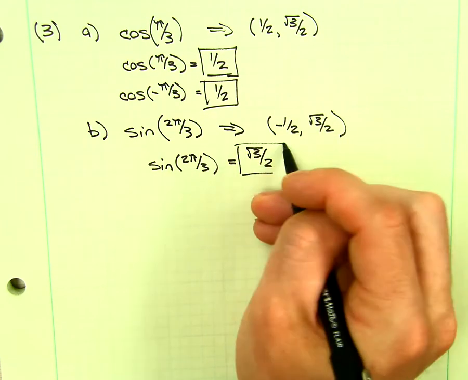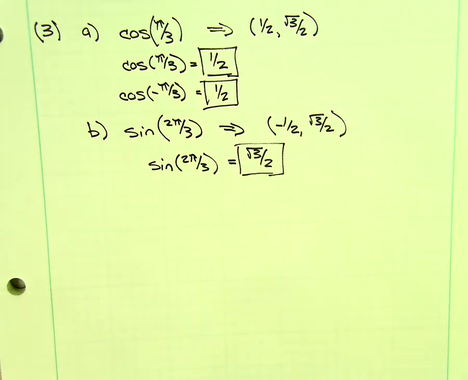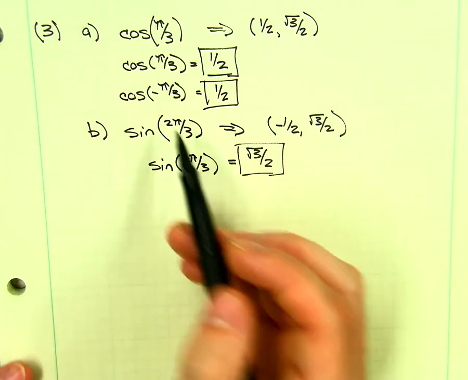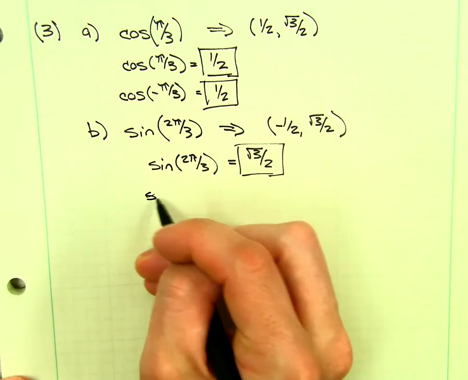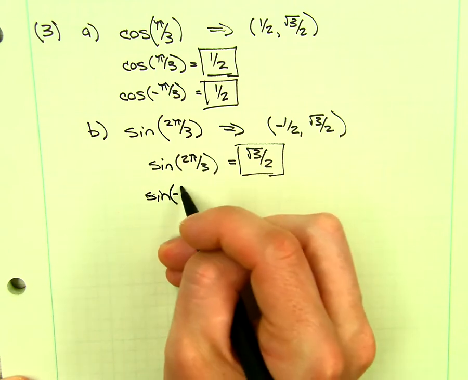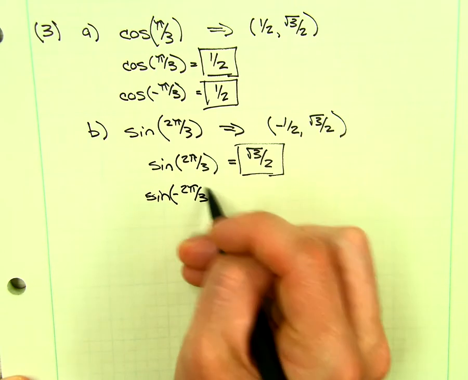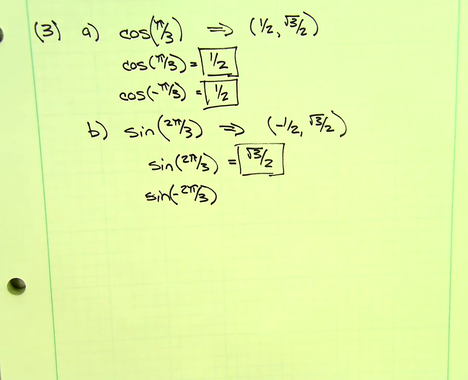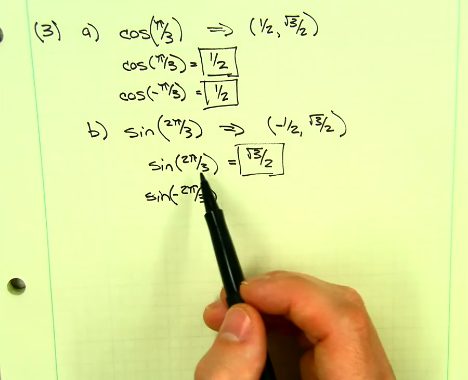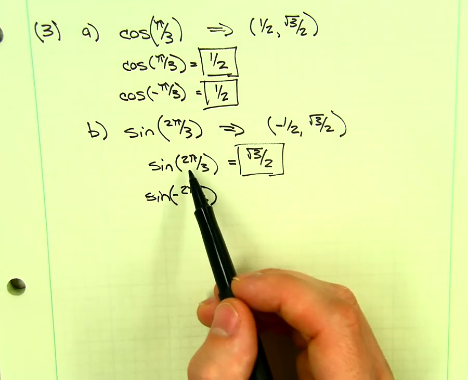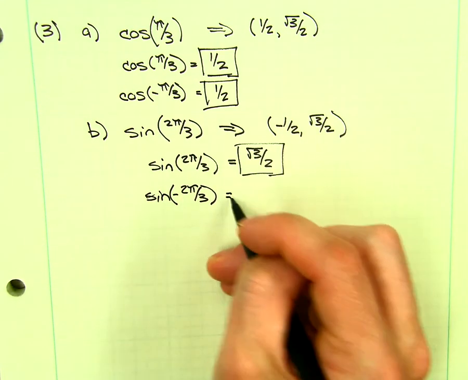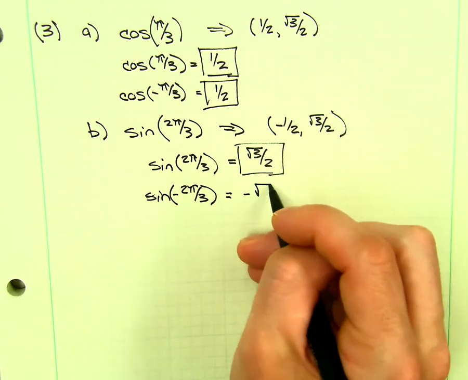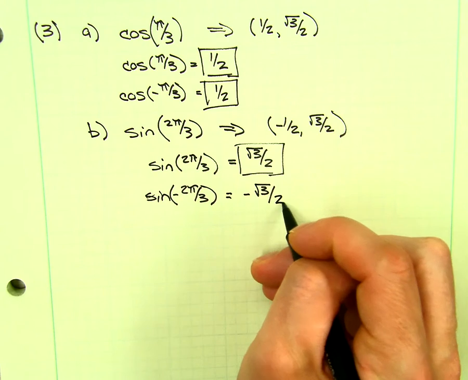That's that answer. But also, similarly to this one, I also want to know what the sine of negative 2 pi over 3 is. Well, because the sine is an odd function, when this becomes a negative, then you know your answer is also going to become a negative. So this is going to be negative root 3 over 2.